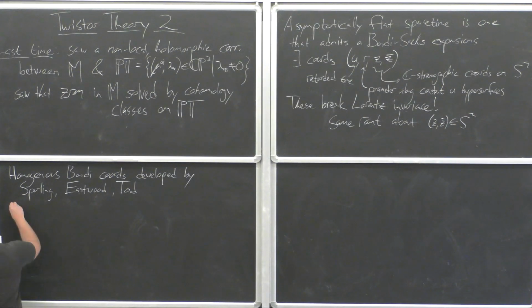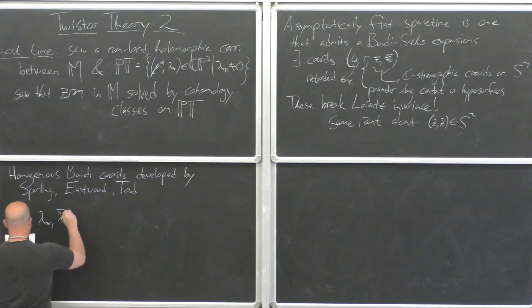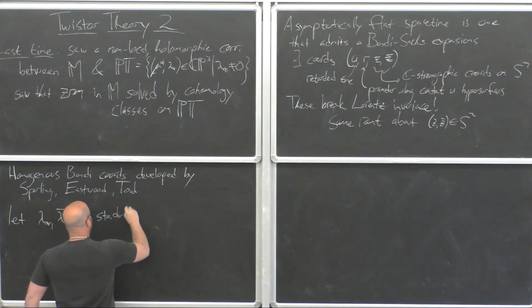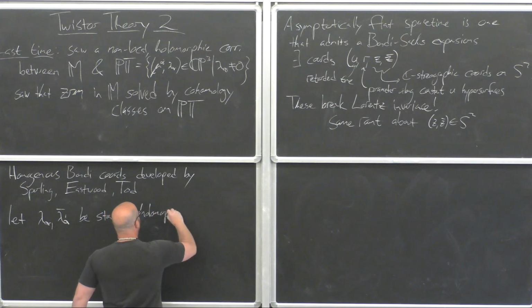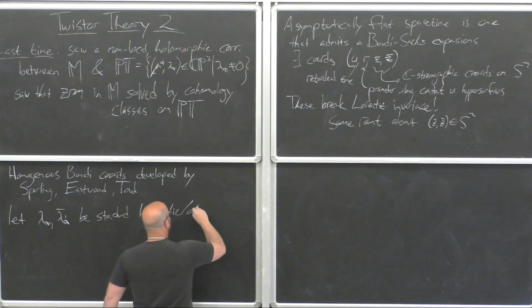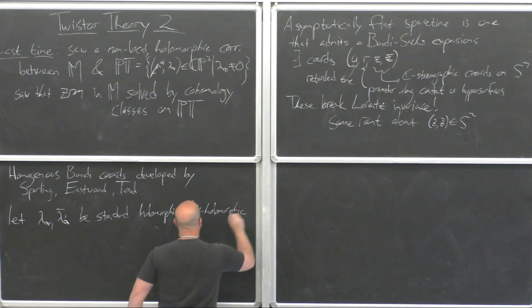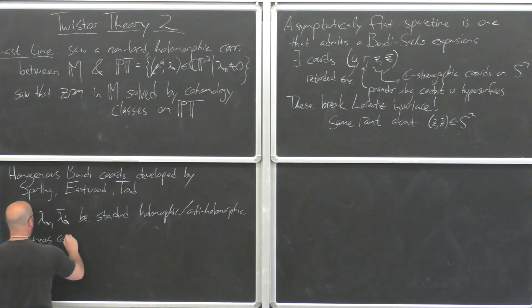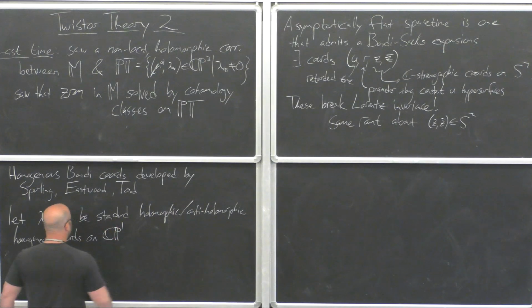So let lambda alpha, lambda bar alpha dot be our standard holomorphic and anti-holomorphic homogeneous coordinates on CP1.